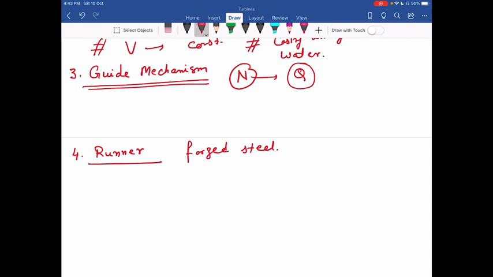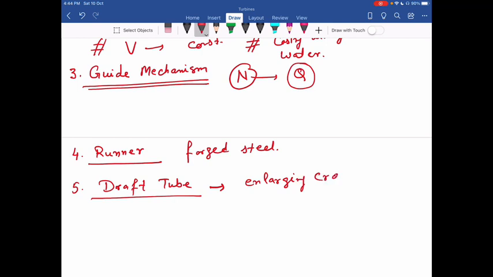Okay. And the last part is the draft tube. Okay. Now this is simply a tube of enlarging cross section. Okay.